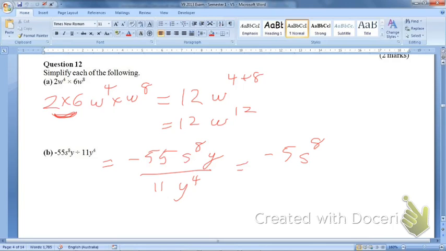We have 1y on the top here, and we have 4y's on the bottom. Dividing, that gives us y to the 3 on the bottom. Be careful about where you put it. And if you want to rewrite that some other way, that's 5 s to the 8 y to the negative 3. A number of people put the y to the 3 but forgot the negative.